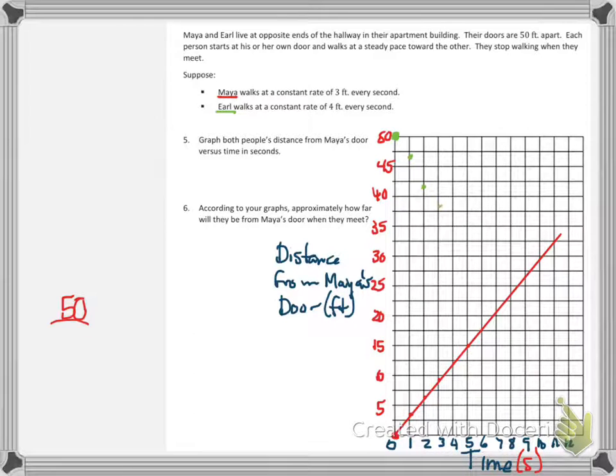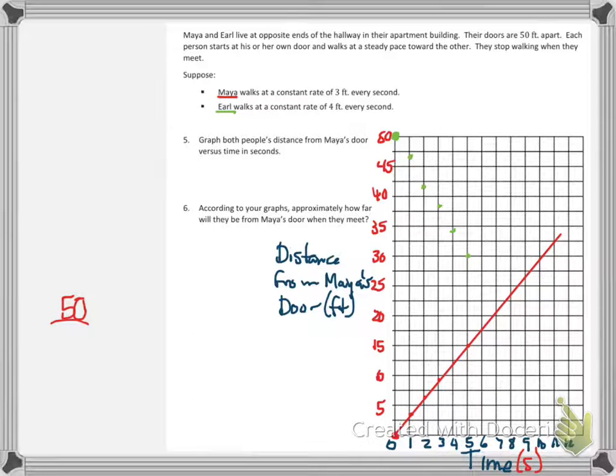After 4 seconds, that'll be 16 away from 50, so about a 34. Okay, and after 5 seconds, it'll be 20 feet away, so that would be down to the 30. So that one's at that first intersection.